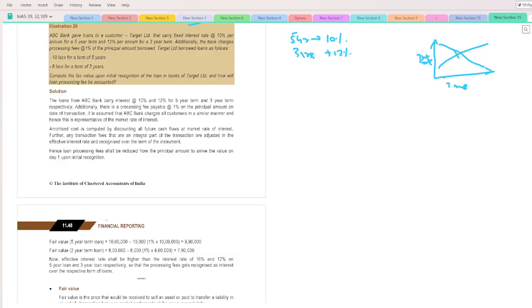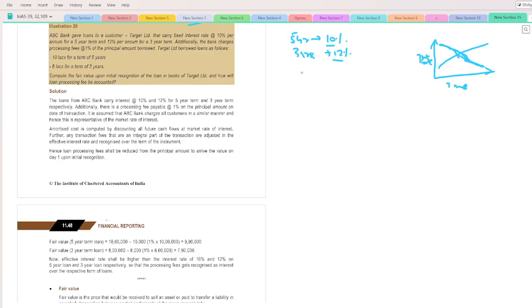If the maturity is increasing, then the interest rate is coming down. So this is a downward interest rate curve, the yield curve. For the 3 years you are charging the higher interest, 12%, and for the longer period you are charging less interest. So that is a downward yield curve movement.